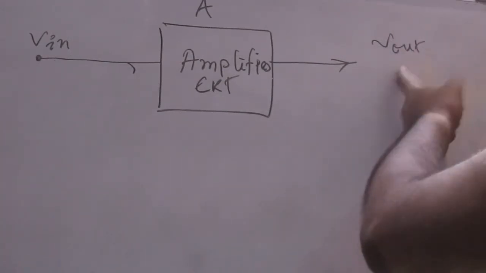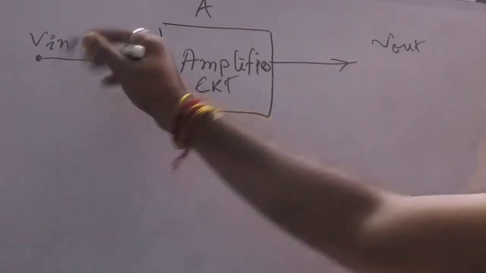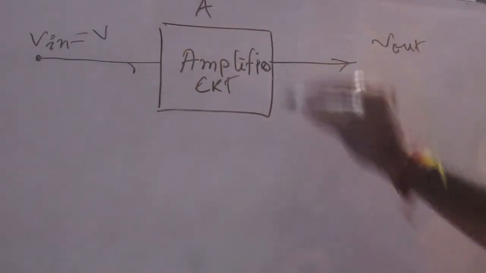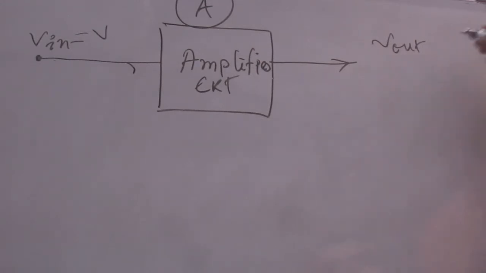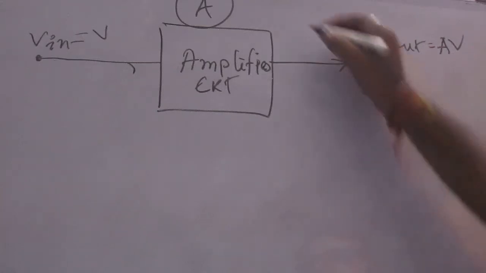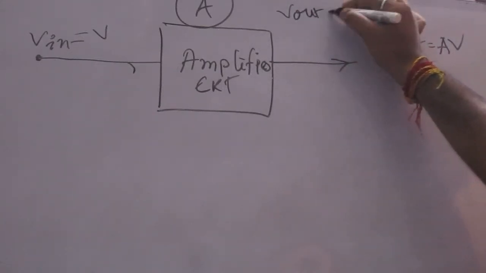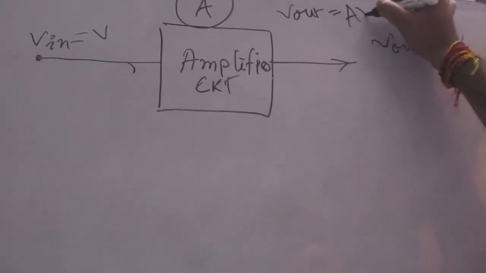Now what is the value of V output? Here, if V input be V and amplification factor be A, then V output will be A of V.